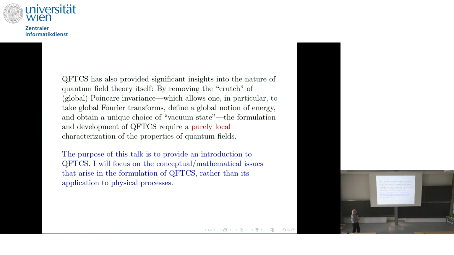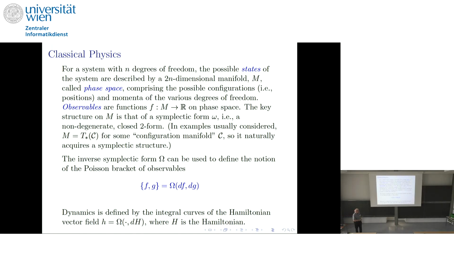You don't have those things, and the ability to take global Fourier transforms, you don't have those things in curved space-time, and that forces you to think of quantum field theory in curved space-time in a purely local kind of way in terms of the quantum fields. So just to get things started, I'll say one slide about the structure of classical physics, one slide about the corresponding structure of ordinary quantum mechanics.